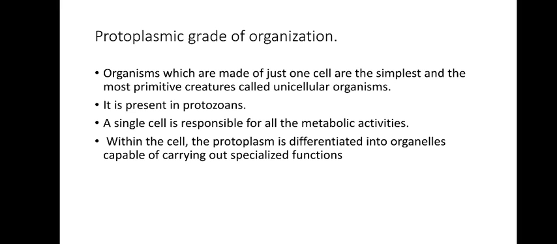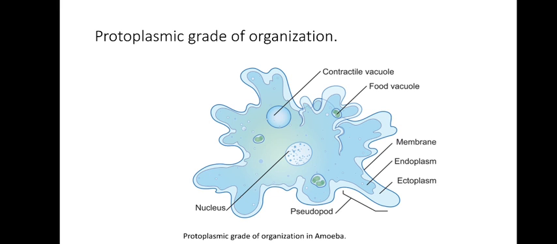But since the individual has only one cell, ultimately only that particular cell will have to carry out all these processes. Since all these processes take place within a cell by the specialized organelles that are present, this grade of organization is called as protoplasmic grade of organization.